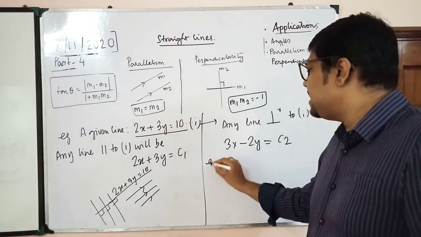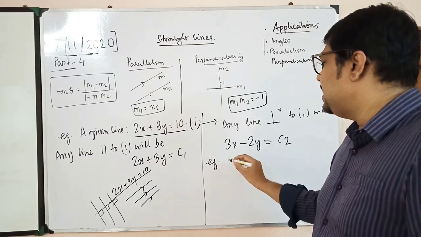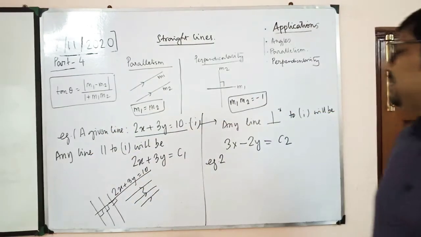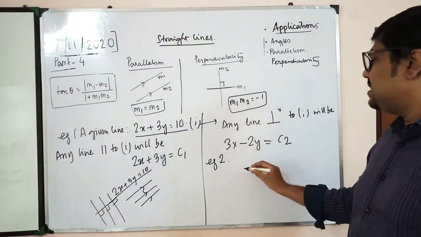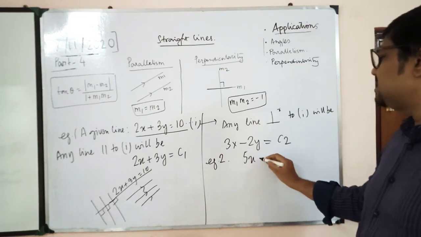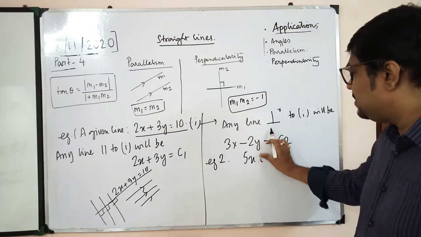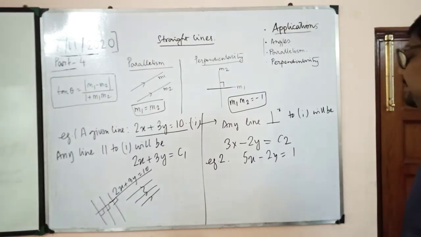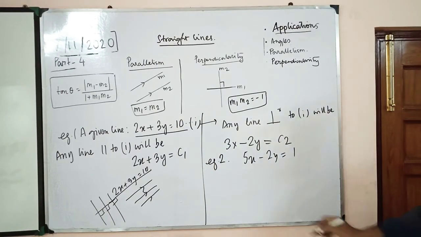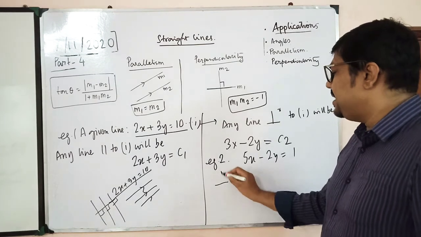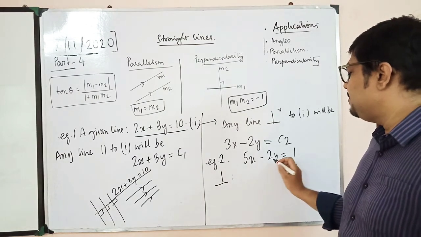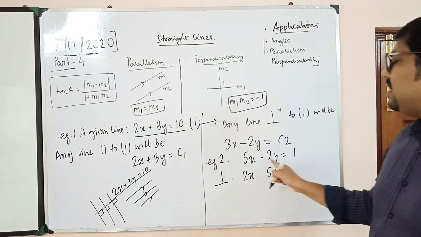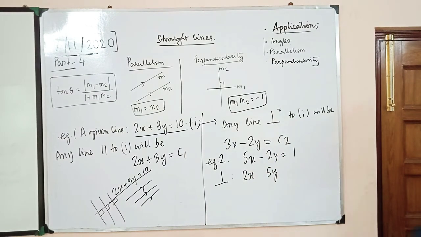Another example: this was example 1, now example 2. Say 5x minus 2y equals 1. A line perpendicular to this will be, first of all swap, 2x and 5y, and what we observe is different signs.